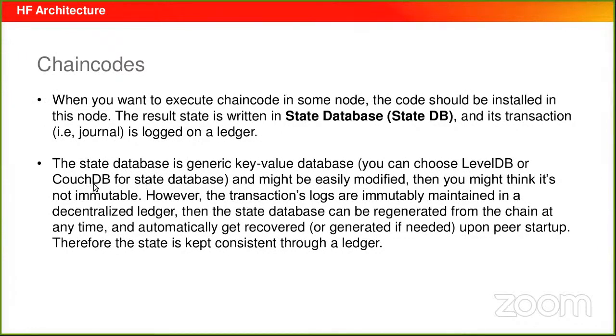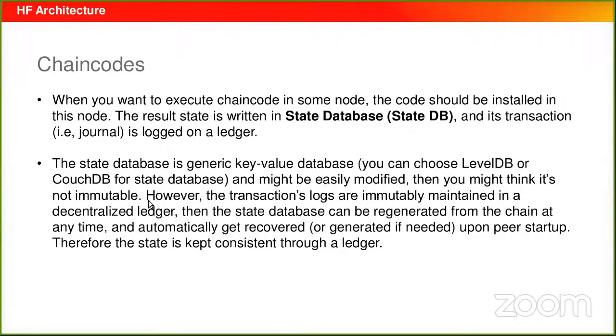A state database is a very generic key-value database. If you know MongoDB or NoSQL databases, it's similar to that. There are two popular state databases that you can use with Fabric. One is LevelDB, which is the default database, or you can use CouchDB, which gives you more power and flexibility.